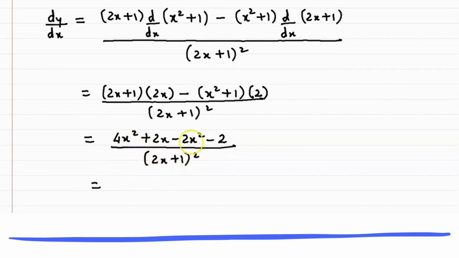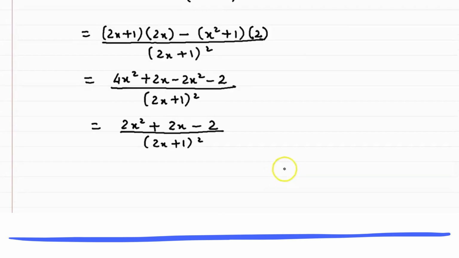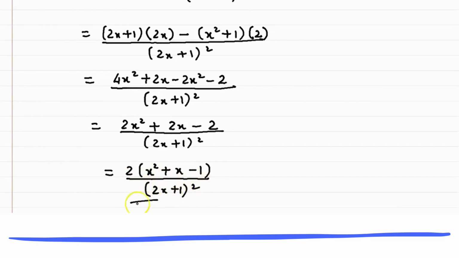Now 4x square minus 2x square gives 2x square plus 2x minus 2 divided by (2x plus 1) the whole square. Now if you observe, we could take 2 as the common factor in the numerator. So finally we have 2 times (x square plus x minus 1) divided by (2x plus 1) the whole square. So this is the value for dy by dx.